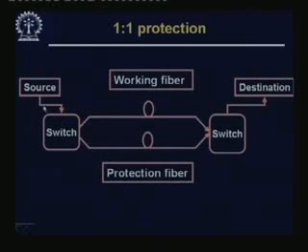So, the signal from the source is simply passing through the switch, then down the path through the destination switch to the final destination. If the working fiber goes down, then this switch as well as this switch will flip and the protection fiber would be in its place.